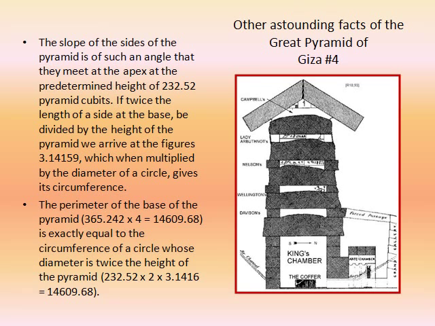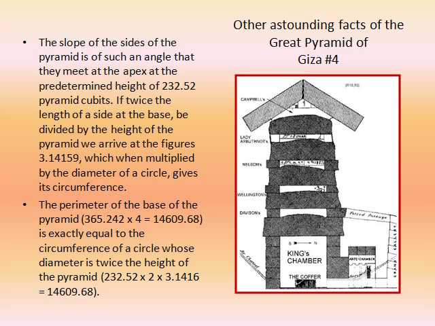The slope of the sides of the pyramid is of such an angle that they meet at the apex at the predetermined height of 232.52 pyramid cubits. If twice the length of a side at the base be divided by the height of the pyramid, we would arrive at the figure 3.14159, which, when multiplied by the diameter of a circle, that is, the pi, would give us its circumference.